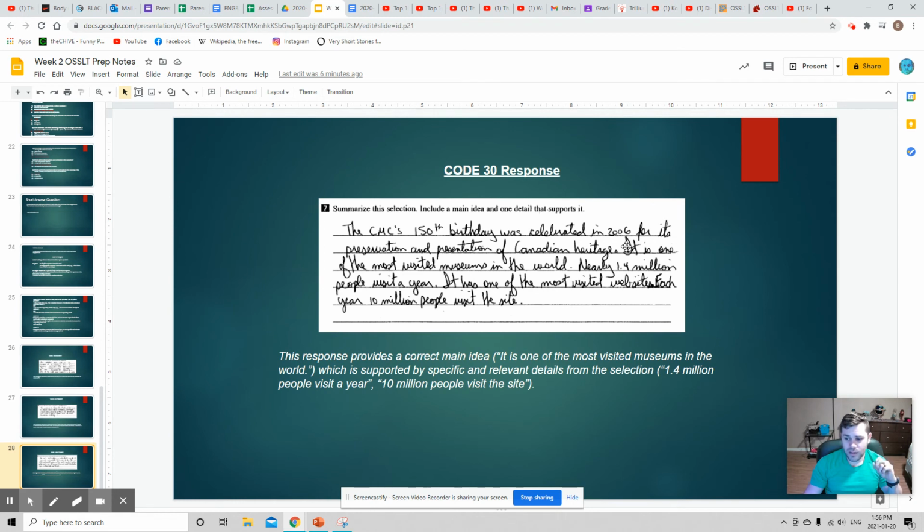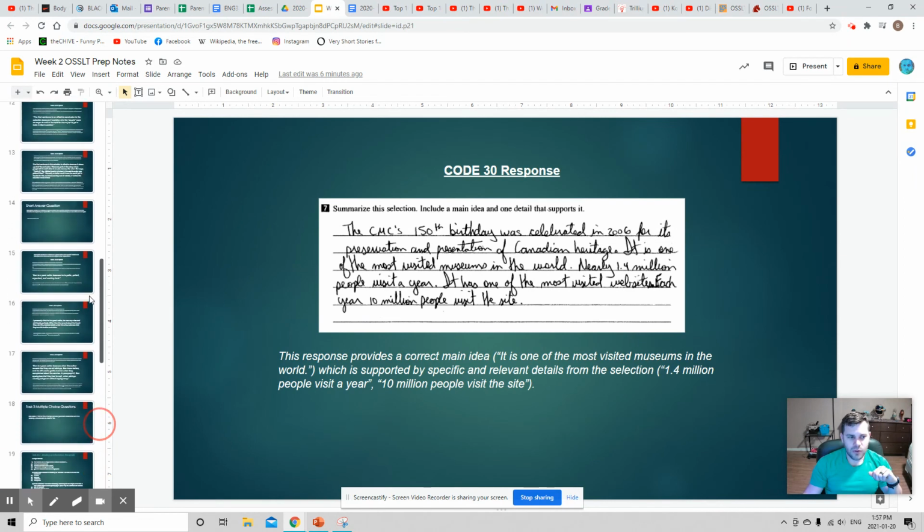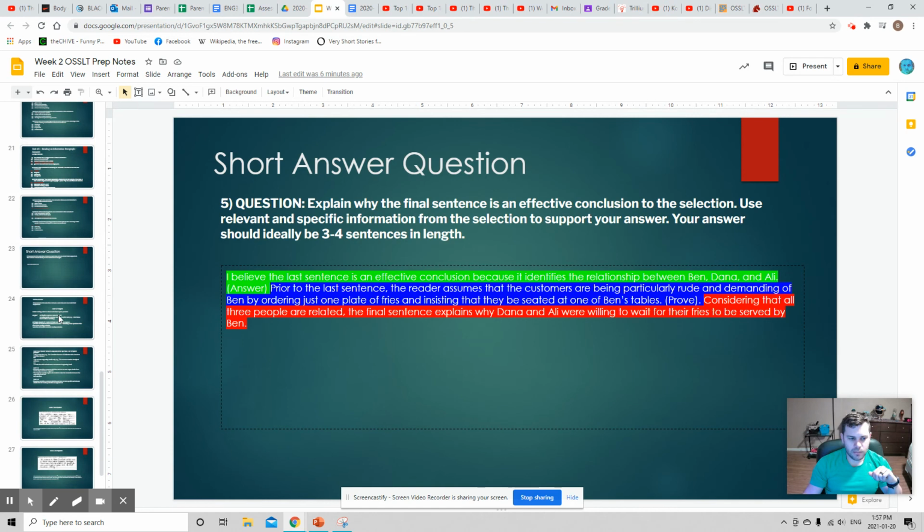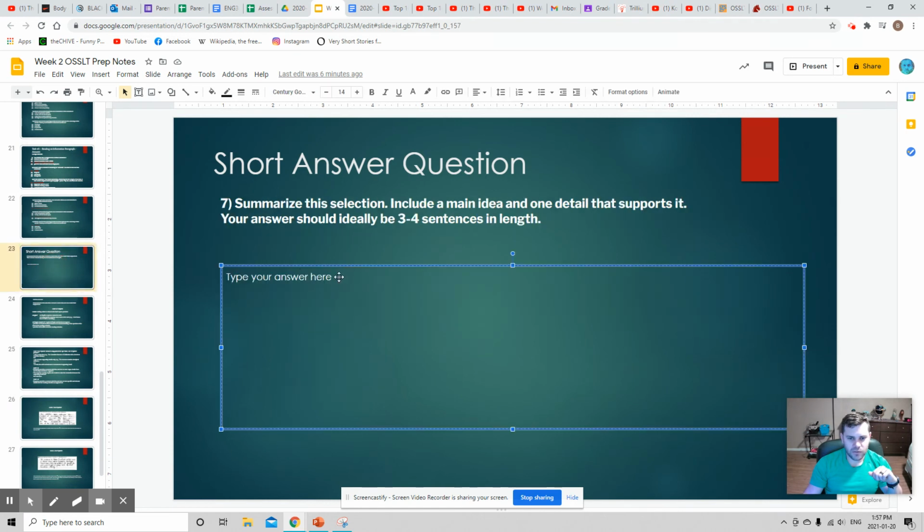Proof is sentence 2 and 3. And they have a 4th sentence. It has one of the most visited websites. Each year, 10 million people visit the site. But if you stick with answer, prove, explain, you'll have no problem answering this question to summarize.